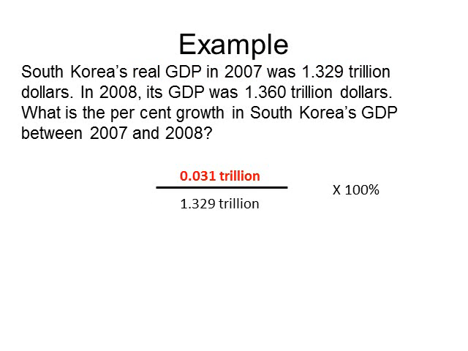The difference between 1.360 trillion and 1.329 trillion is 0.031 trillion.